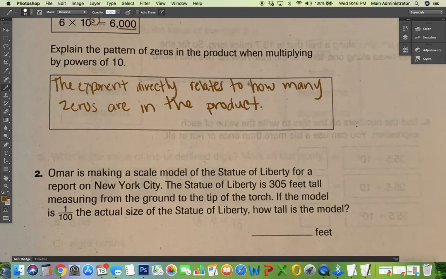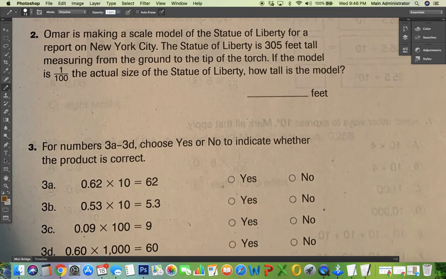Let's take a look at number 2. Omar is making a scale model of the Statue of Liberty for a report on New York City. All right, a scale model. I know that the Statue of Liberty is gigantic, and I know that a model would be smaller, okay?